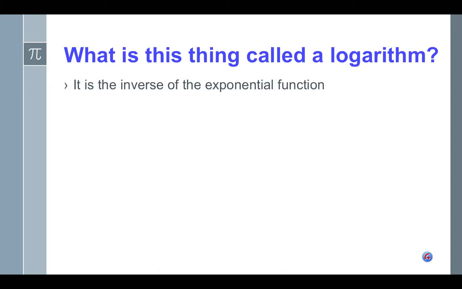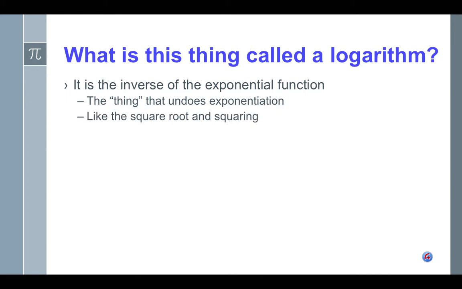It is what's called the inverse of the exponential function, which means it's just the function that undoes exponentiation. Another place that we've dealt with this is undoing the square, which means we take the square root.